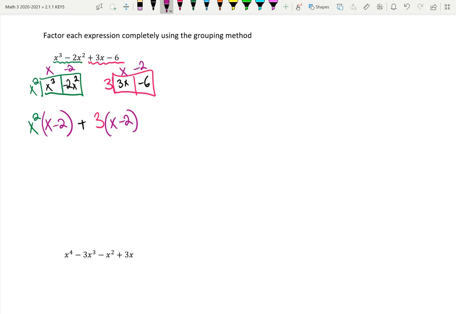Now, before I go any further, I want to talk about just general numbers. If I have 3 times 2 and I'm adding 4 times 2, let me put this 2 in purple just so it matches. You could just multiply and you would get 6 plus 8, and that would give you a sum of 14, right?